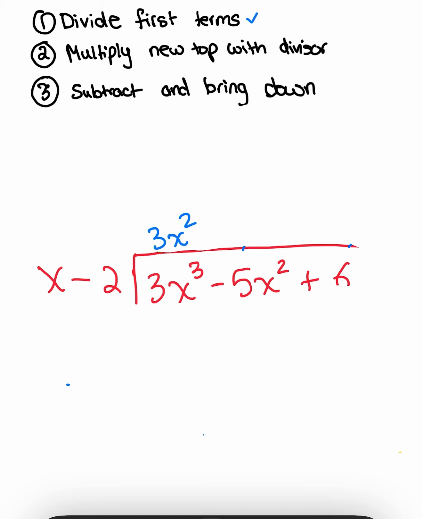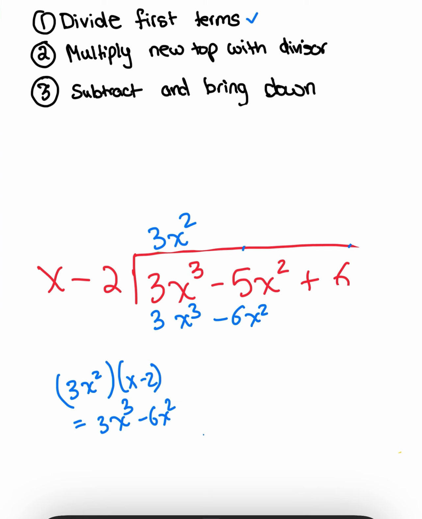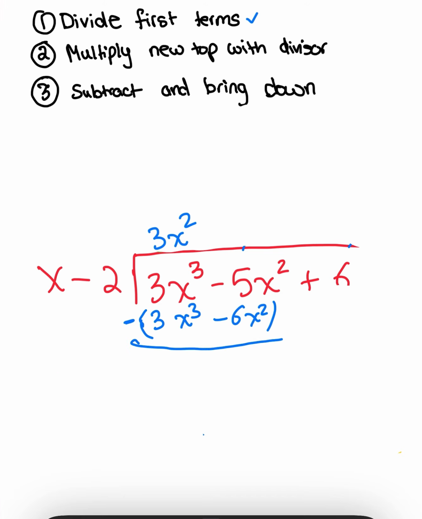Step 2 is to multiply my new top with the entire divisor. That gives me 3x to the power of 3 minus 6x squared. Because I've multiplied, it is going to go inside my box with brackets around it and the minus sign in front. And then I just solve the subtraction question.